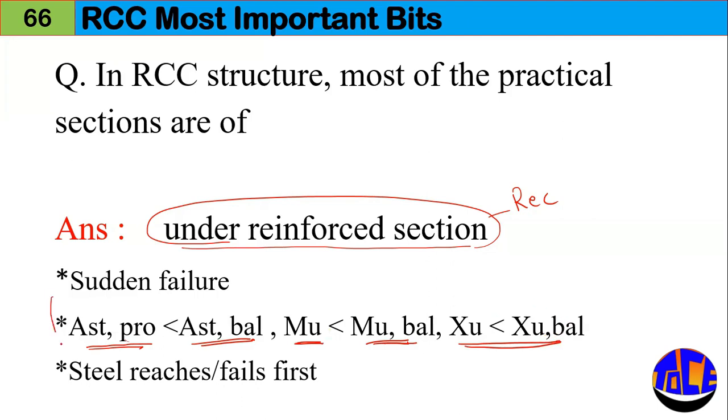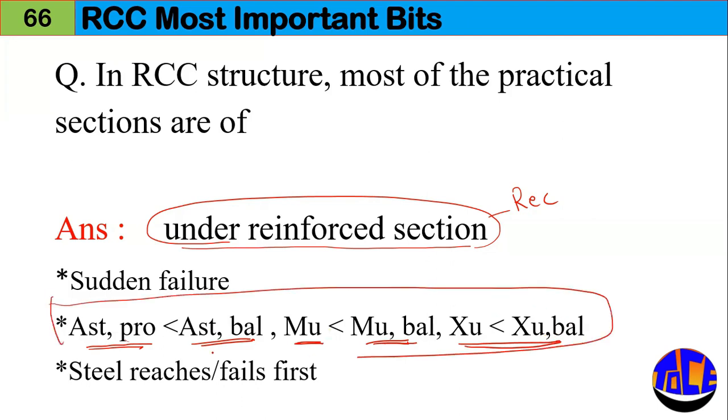So these values are also important; sometimes they will be asked in the question. Provided Ast will be less than the critical Ast or maximum Ast. Mu will be less than the maximum moment. Xu will be less than Xu max. You won't have a sudden failure; you will have a gradual, slow failure, and there will be clear warnings.